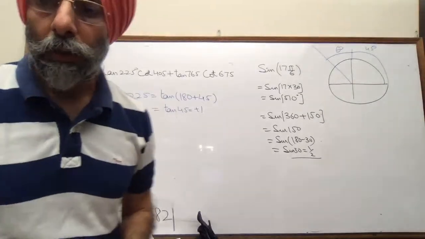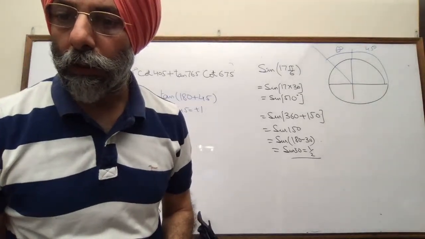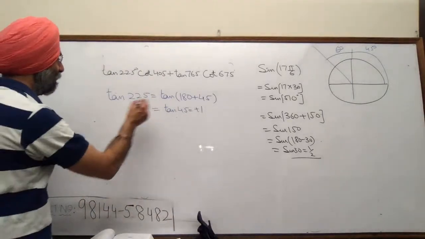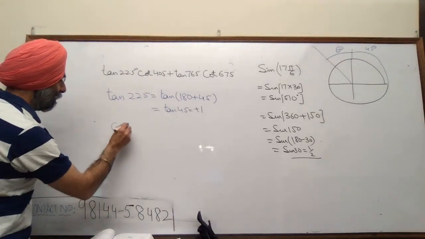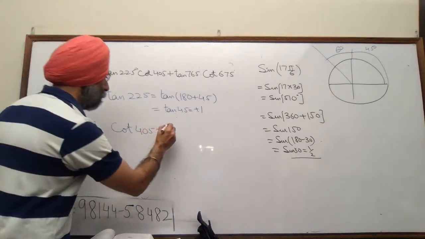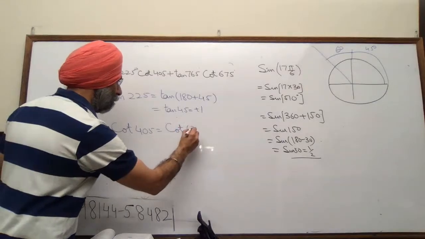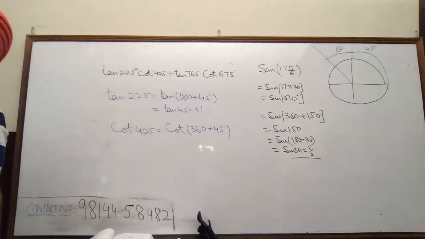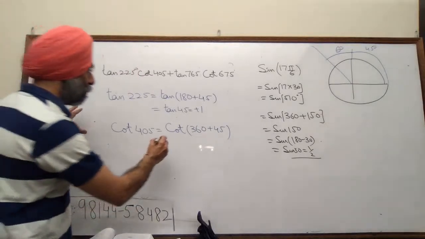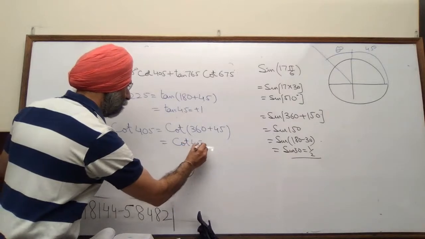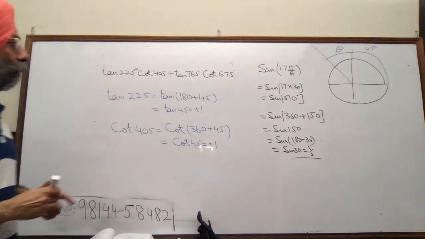Now, next is cot of 405 degrees. This can be written as cot of 360 plus 45. So cot of 360 plus 45 is cot 45, again its value is plus 1.